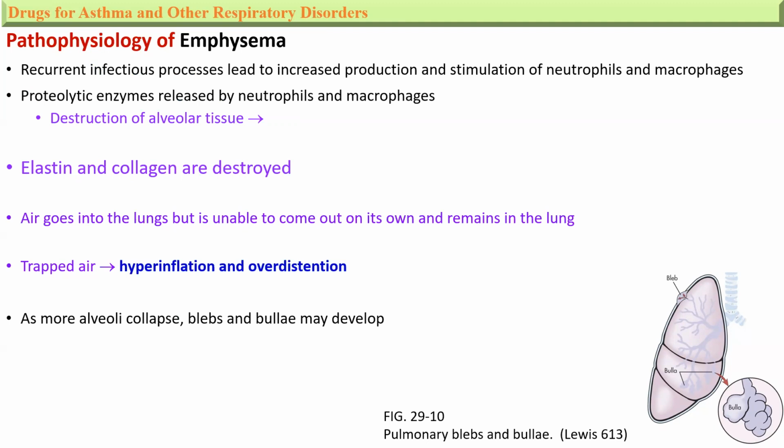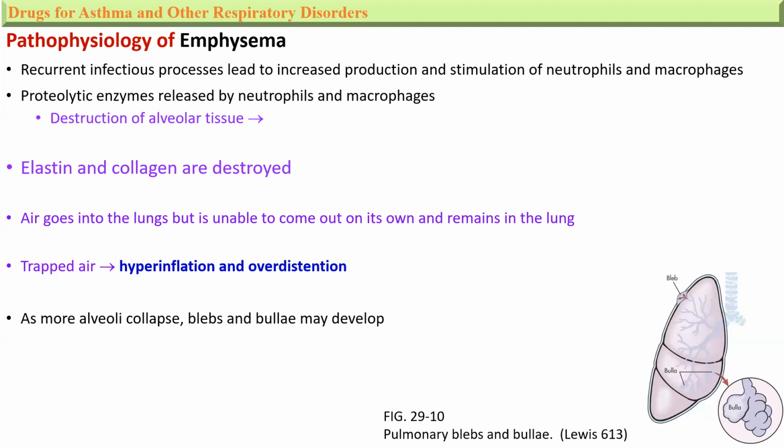The elastin and collagen are destroyed, which results in no pull or traction on the walls of the bronchioles. In other words, it results in stiffness and decreased elasticity of the bronchial lumen.